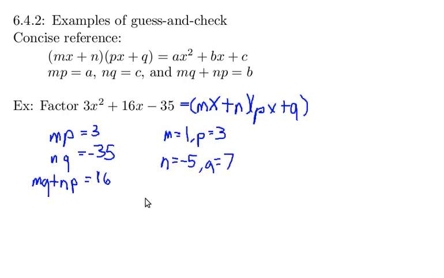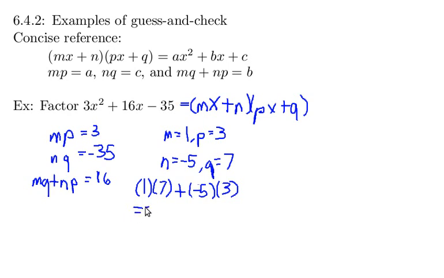Let's multiply these two things together and see if they work out. So this is m times q, that's a q, not an a. m times q, 1 times 7, plus, let's start with n first, negative 5 times 3.